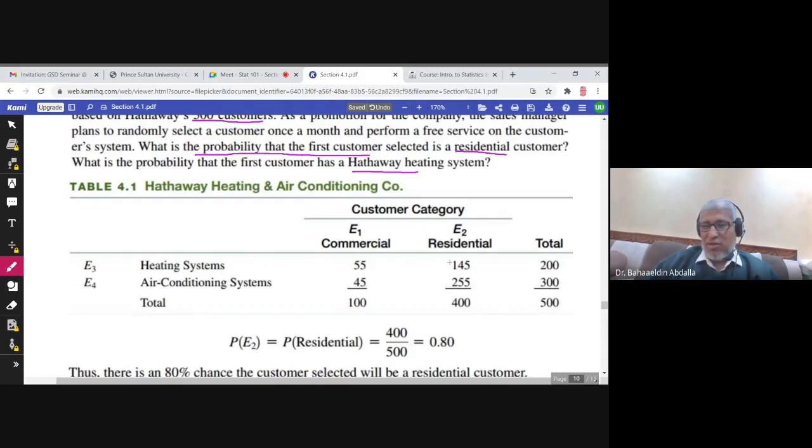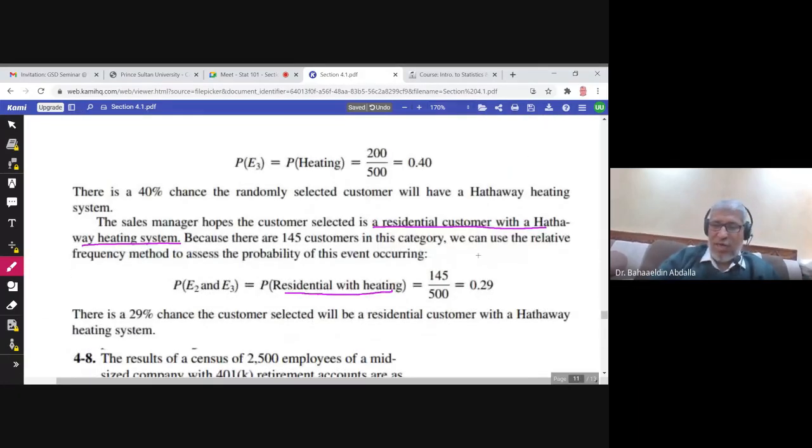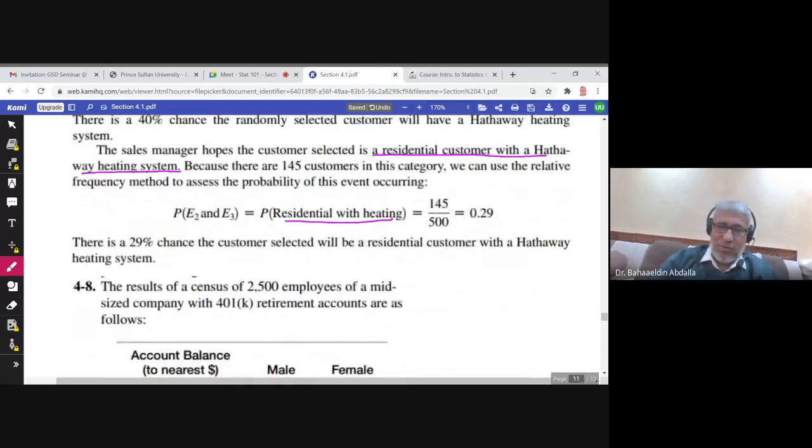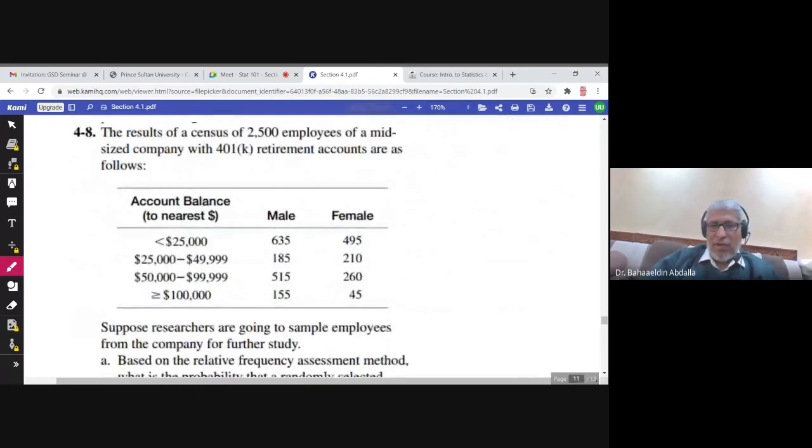So the probability of residential intersection heating systems would be 145 over the total number, which is again 500, and it would be 0.29.